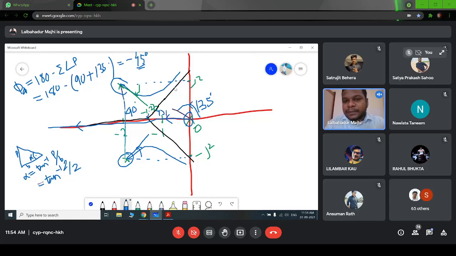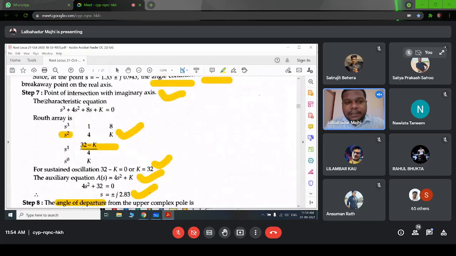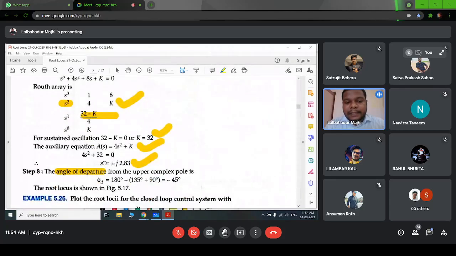Now we can see this root locus will intersect the j omega axis. We have already calculated at what point it will intersect the j omega axis. This is calculated by using the Routh array. So we have calculated that at s equal to plus minus j2.83, it is intersecting the imaginary axis.